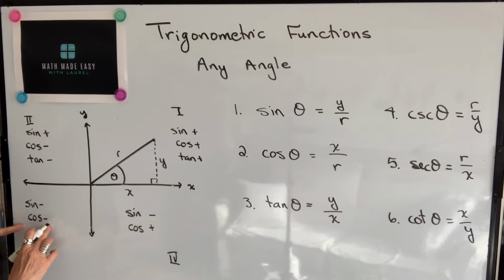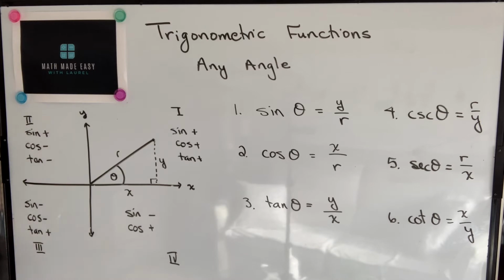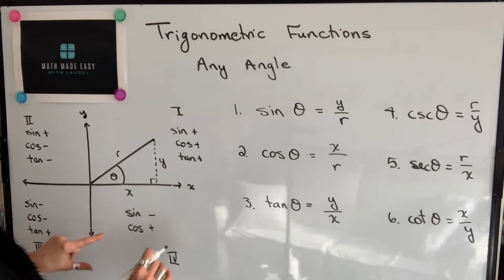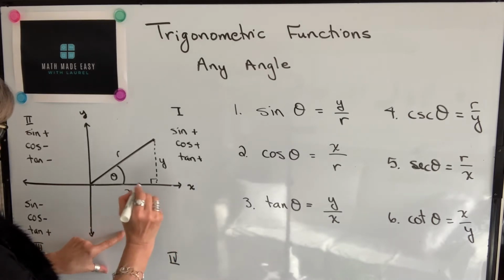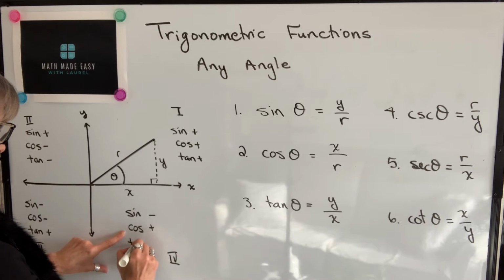In quadrant 3, x and y are negative. So a negative divided by a negative will be positive. So tangent of an angle in quadrant 3 will be positive. And in quadrant 4, y is negative, x is positive. So a negative divided by a positive is a negative.